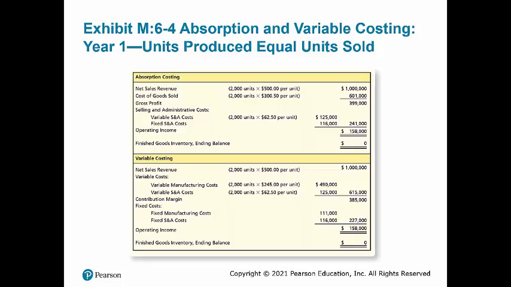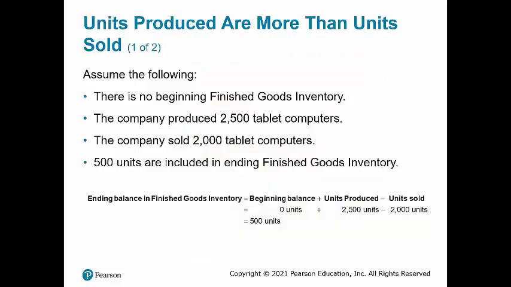In the variable costing income statement, variable costs are reported separately from fixed costs. Variable costs, direct materials, direct labor, variable manufacturing overhead, and variable selling and administrative costs are subtracted from net sales revenue to determine the contribution margin. Fixed costs, both manufacturing and selling and administrative, are then subtracted from contribution margin to determine operating income.